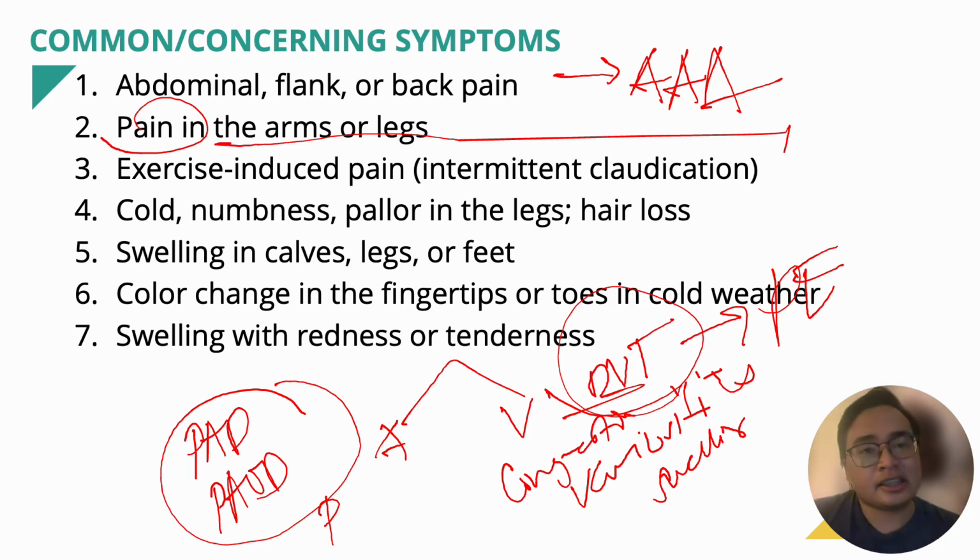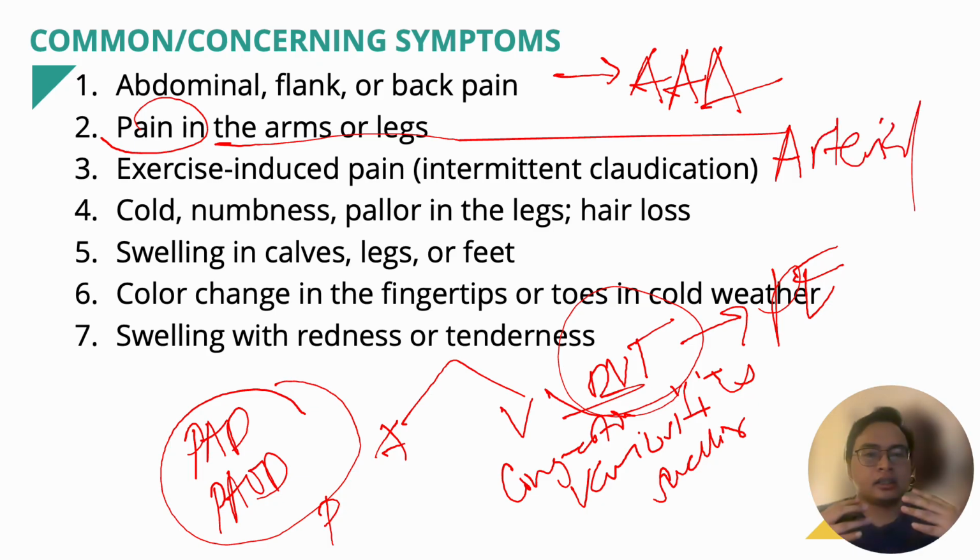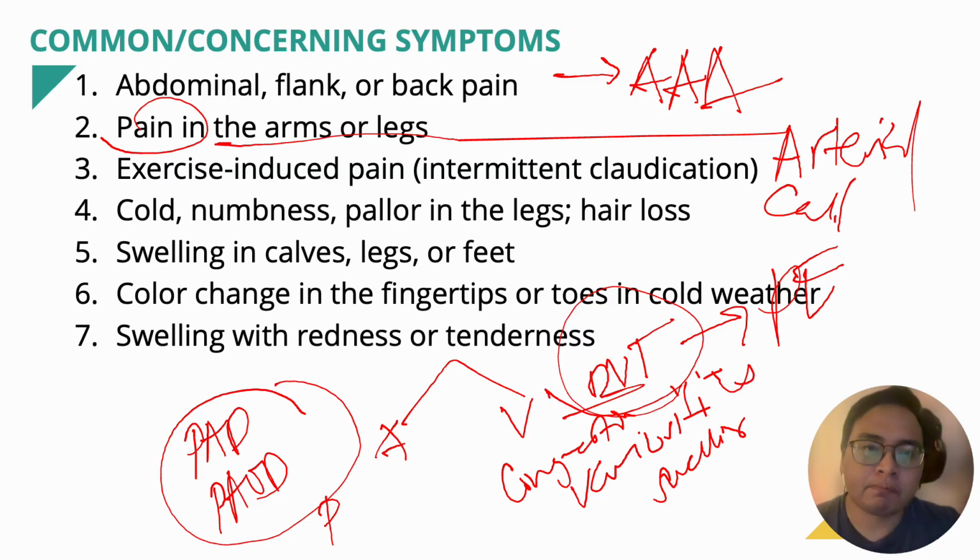With arterial disease, there's a specific symptom called intermittent claudication. Okay, so this just means that when the patient walks or exercises, there is calf pain. It happens upon exertion and it gets relieved by rest. Okay? And the cause of that is the impaired blood supply to the muscles.